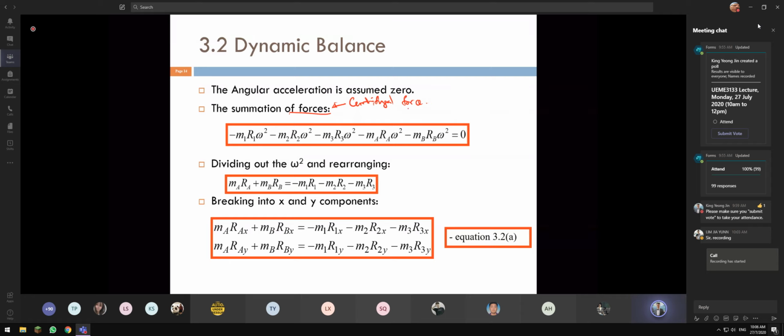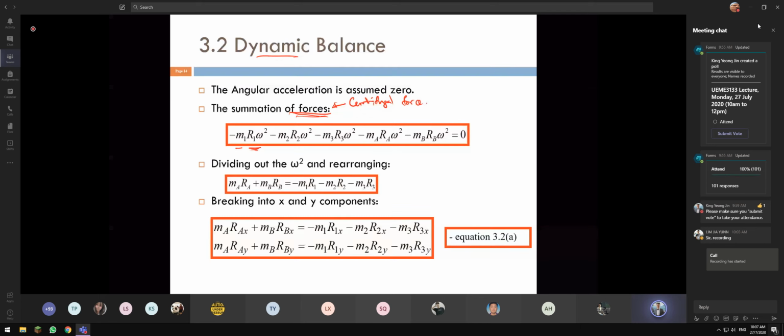This force is actually the mass multiplied by the normal acceleration. Okay? So for dynamic balancing, we also have to solve this. That's why we call static balancing a subset of dynamic balancing.